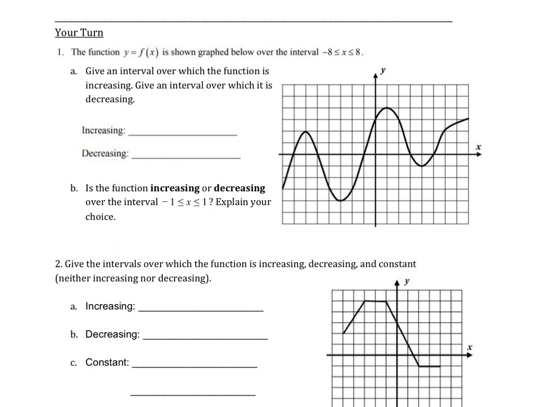All right, I want you to go ahead and do that, your turn, right now on your own. Answer those questions, give an increasing and decreasing interval, and then explain if the function is increasing or decreasing over the interval of -1 to 1. Pause the video and do this on your own. Number 1, we're doing on our own.